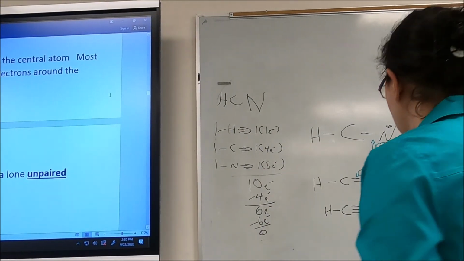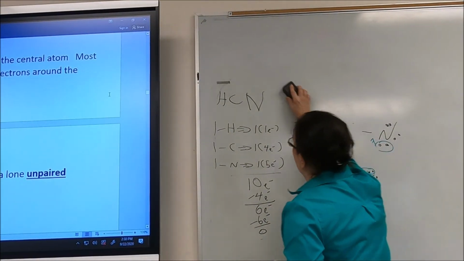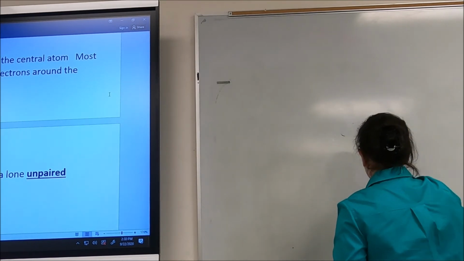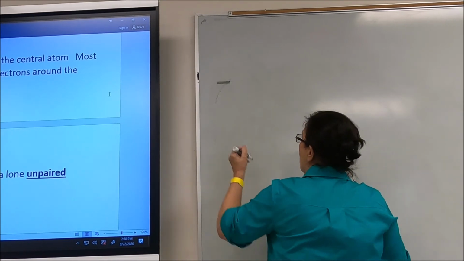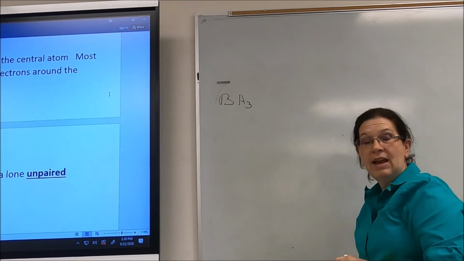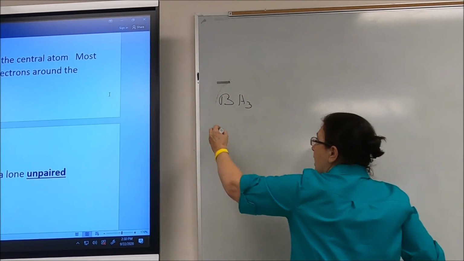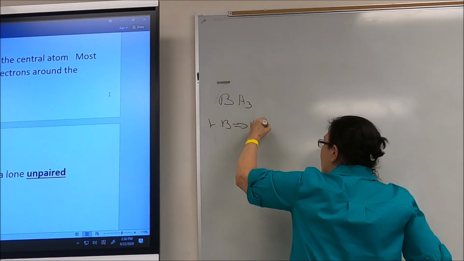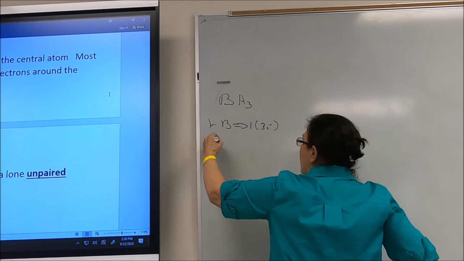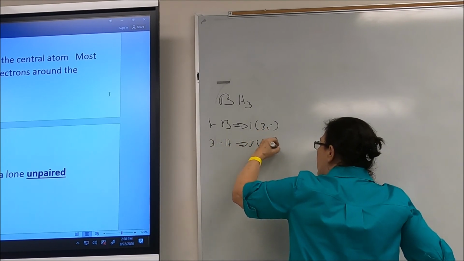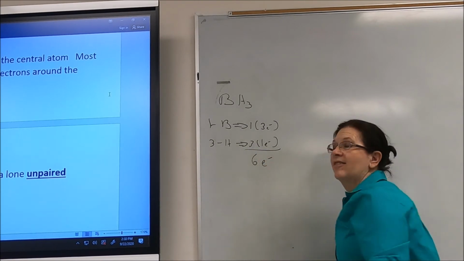So let me show you an example here. Okay? Now, a classic example would be boron trihydride, BH3. Okay, one boron has 3 electrons. We have 3 hydrogens at 1 electron apiece. That's 6 electrons.